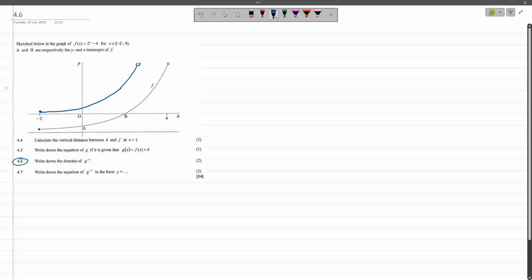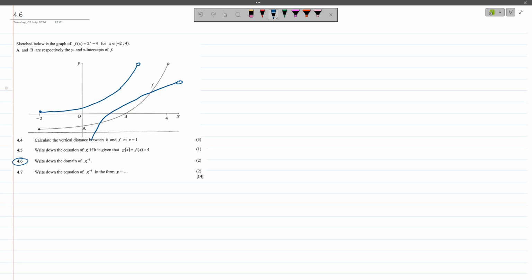So the inverse of this function would look like this, a logarithmic function, something like that. Let me draw it more appropriately. Yeah, like that. So we want to know what the domain of this function will be.